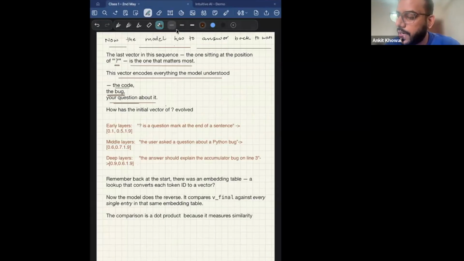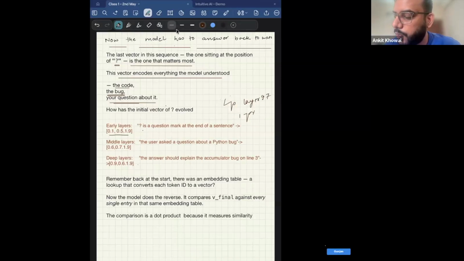And we saw that we apply multiple layers of attention plus feed-forward network. Like I told you yesterday, there are 96 layers in total. The LLMs have a total of 96 layers of attention via which they understand everything. So in each layer, for the vector of the question mark, let's say initially the vector was like this.